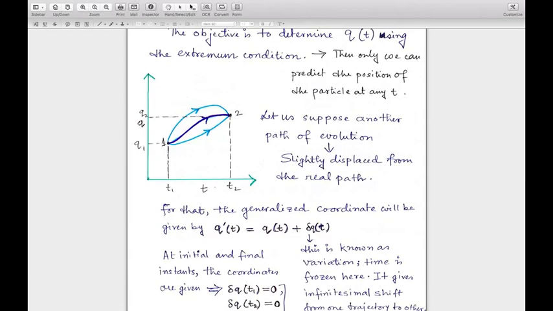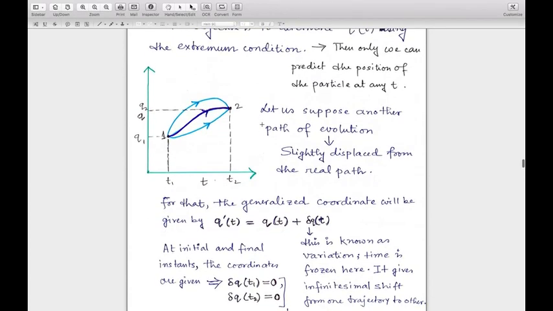Now let's follow the method of variation. Let us suppose another path of evolution which is slightly displaced from the real path. The real path here is the deep blue one, and the other path is a neighbor that differs only slightly from the real one.